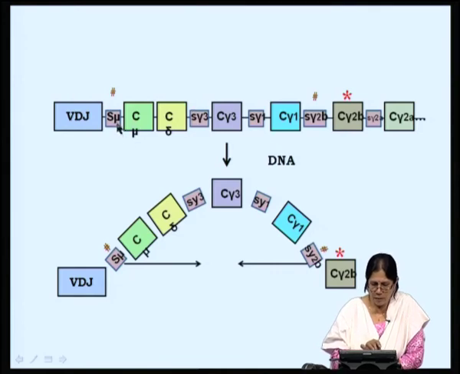Let us say this cell that is going to undergo class switching wants to switch from mu, that is IgM, to IgG2B.